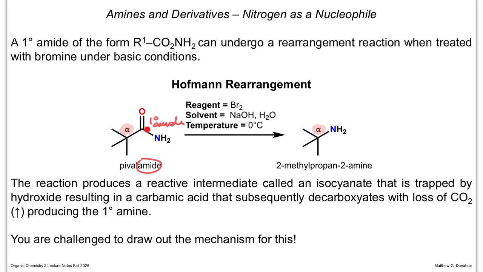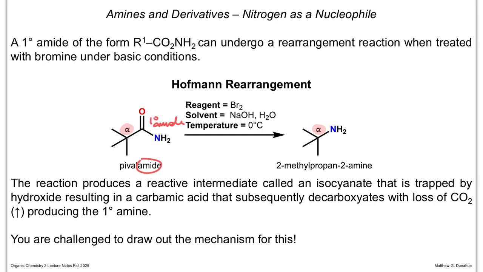So the carbonyl, our alpha carbon, this nitrogen gets bonded to that alpha carbon, through a reaction of the amide nitrogen with the bromine, and then this rearrangement happens.